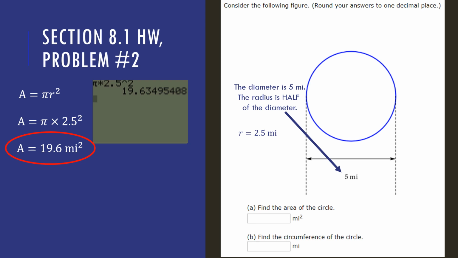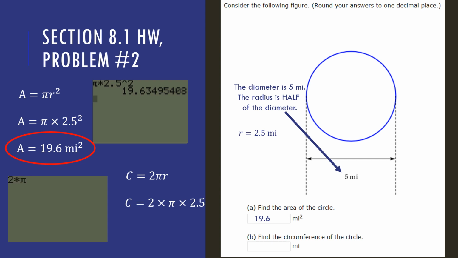Now let's find the circumference of the circle. The circumference of the circle is 2 pi r. So 2 times pi times r. Alright, so we already know everything that we need to know to find out the circumference. So we're just going to plug in. Our radius is 2.5, so 2 times pi times 2.5.